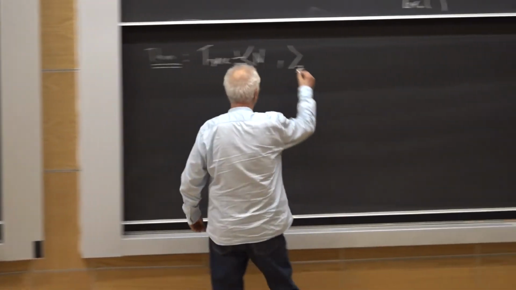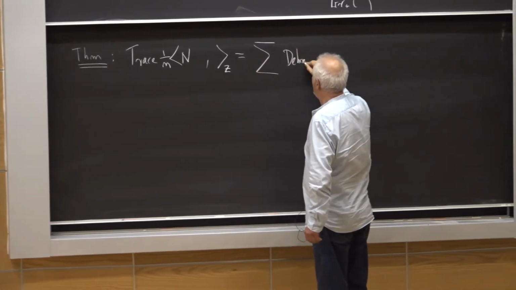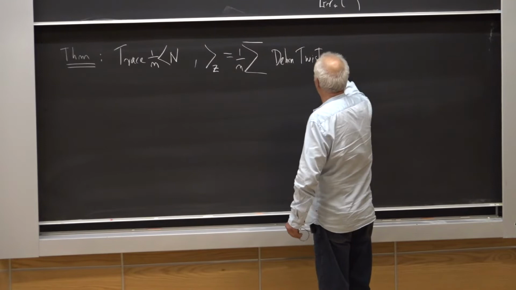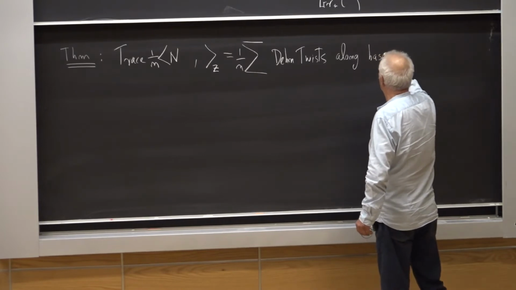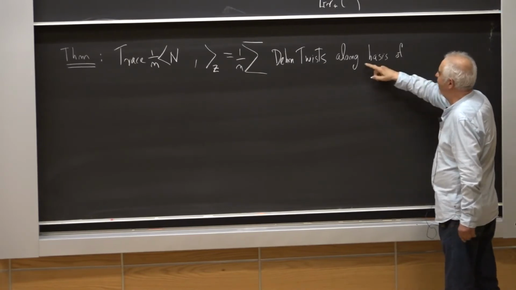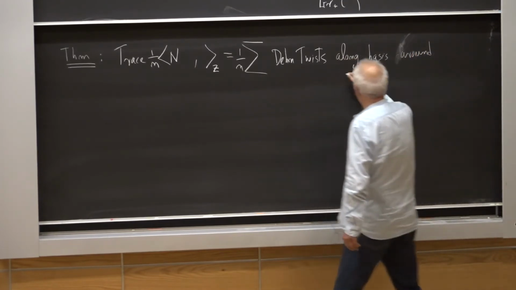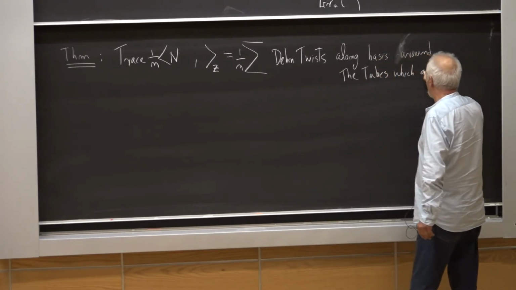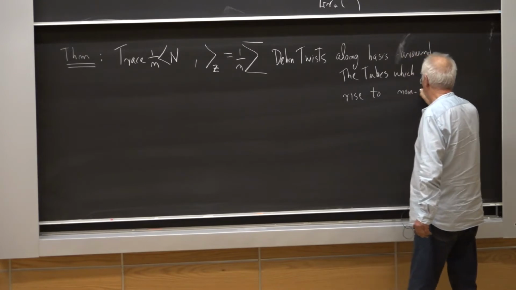This is equal to the sum of the Dehn twists, so this is also 1 over n, Dehn twists along a basis around the tubes which give rise to non-zero homology.